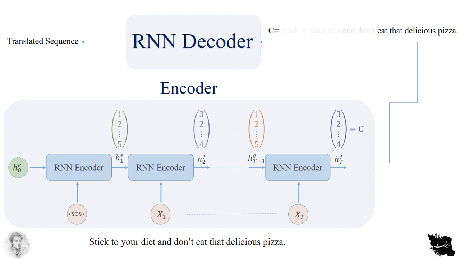The information of the words at the beginning of the sentence is almost forgotten, and only the phrase "eat that delicious pizza" is encoded in context vector C. Translation based on this context vector might lead to an inaccurate or even incorrect sentence in the target language.